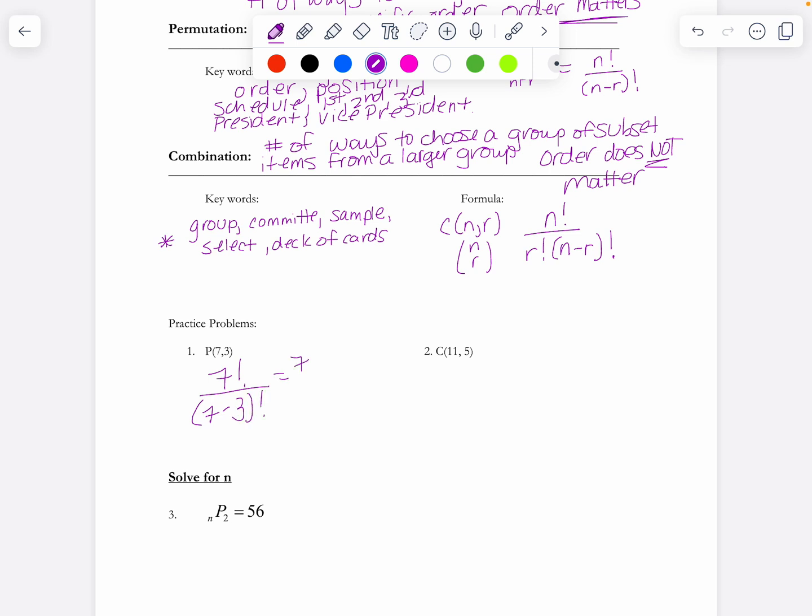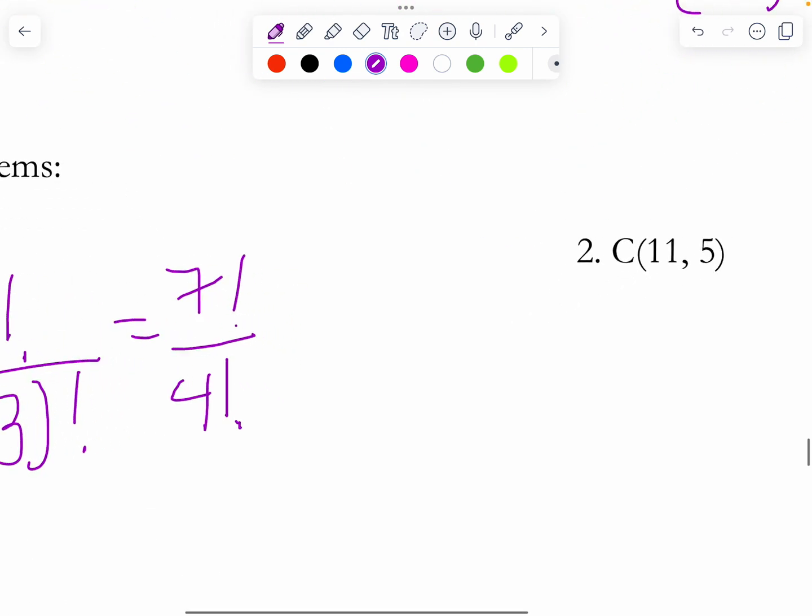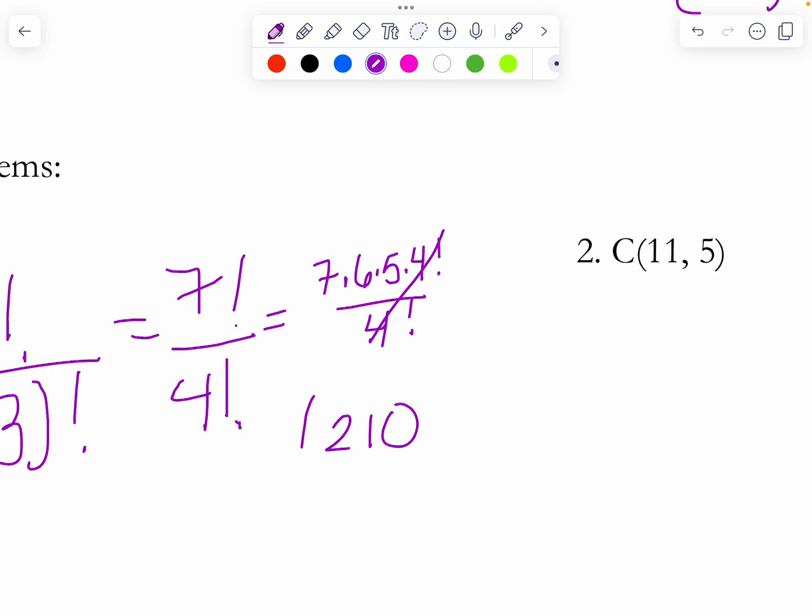So this is 7 factorial over 4 factorial. And then just like I did before, if I said no calculator, I would do the larger one in terms of the smaller one. And then I would simplify. And we would have 42 times 5, which would be 210.